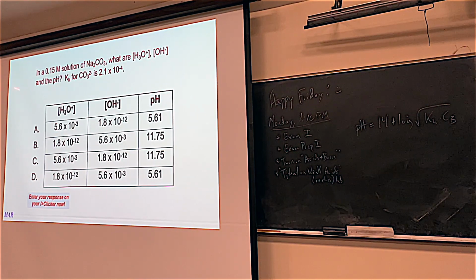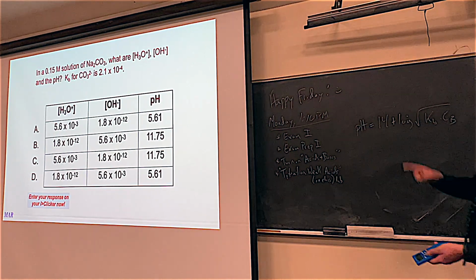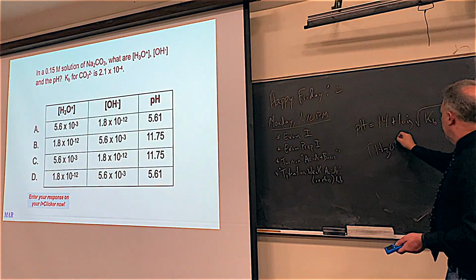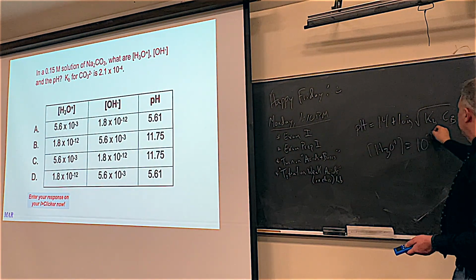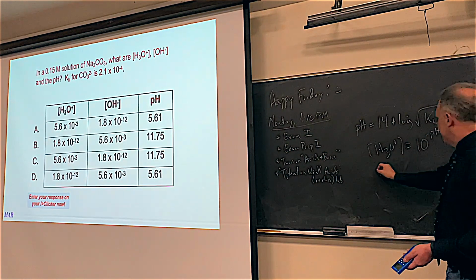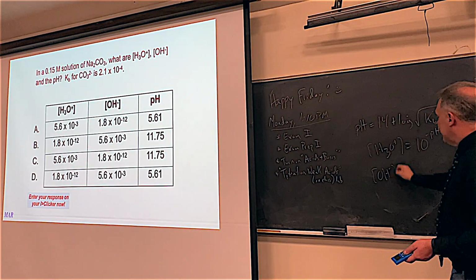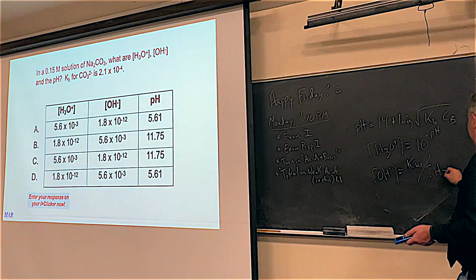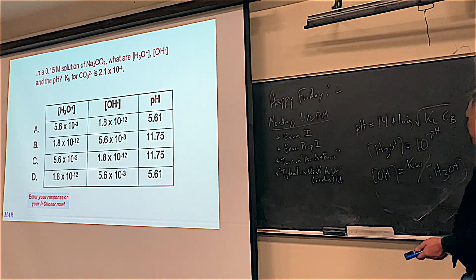You've got the Cb, the concentration of your base, 0.15, and you can plug it in to find the pH, the far right column. From there, hydronium would be 10 raised to the power of minus pH, and finally hydroxide would be Kw, the only K that you need to know for Monday, divided by hydronium.